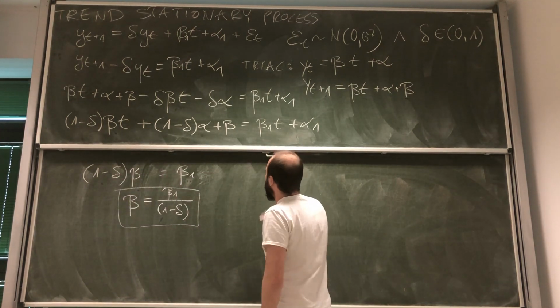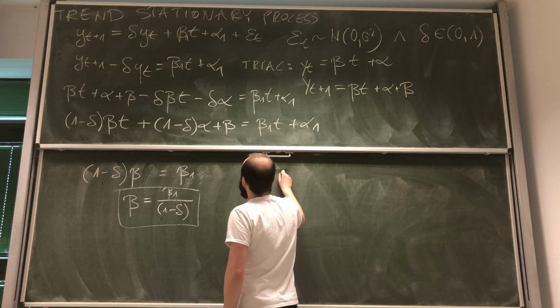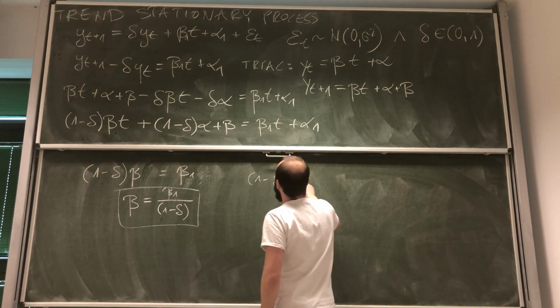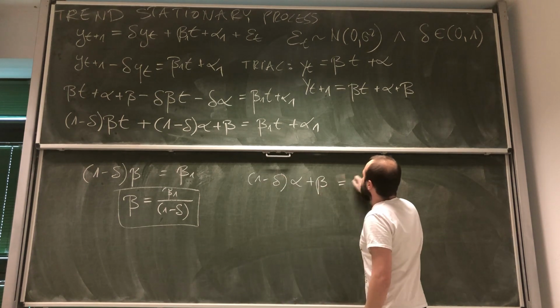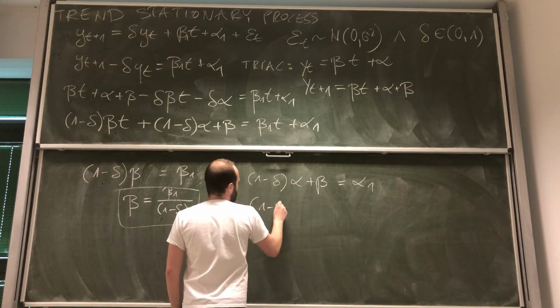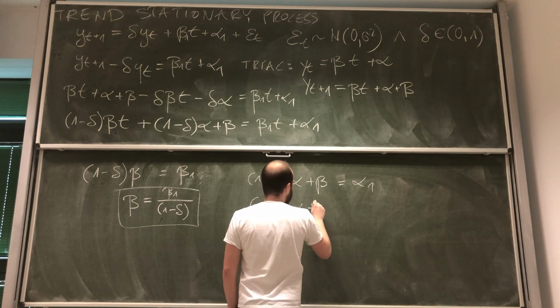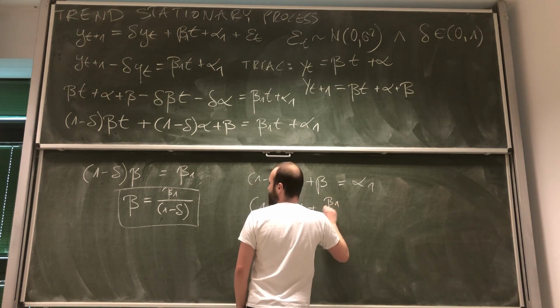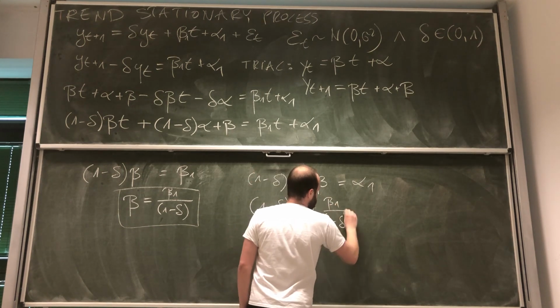Then we know that 1 minus delta alpha plus beta is equal to alpha_1, and we know that beta is equal to beta_1 over 1 minus delta.